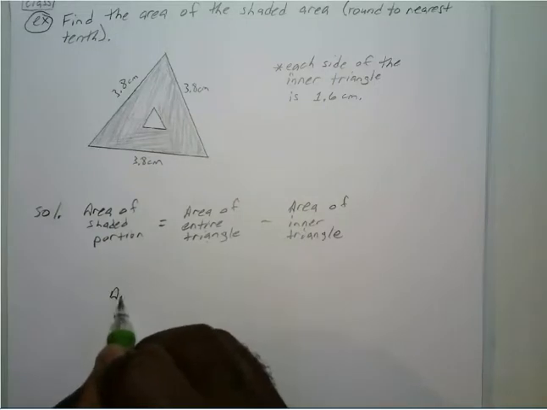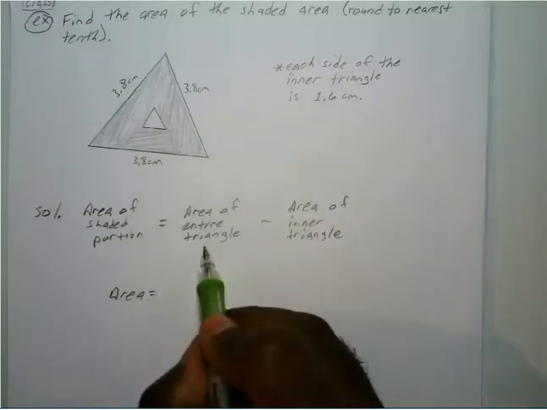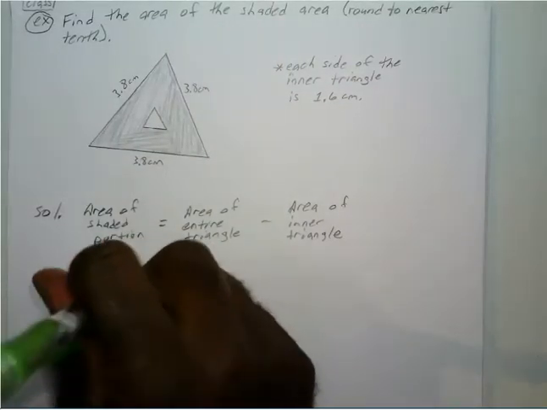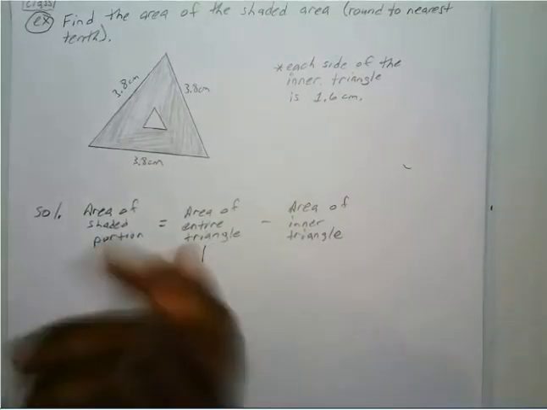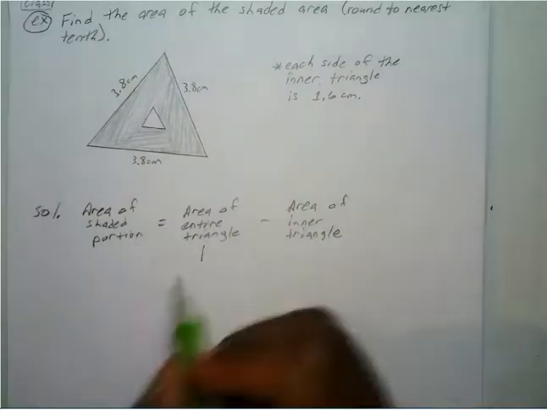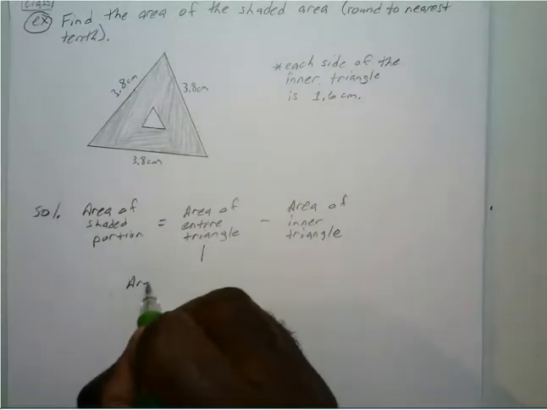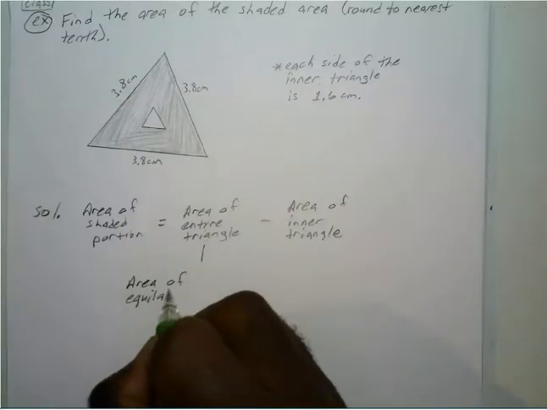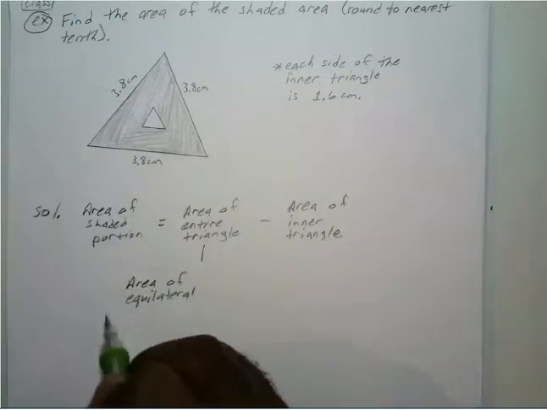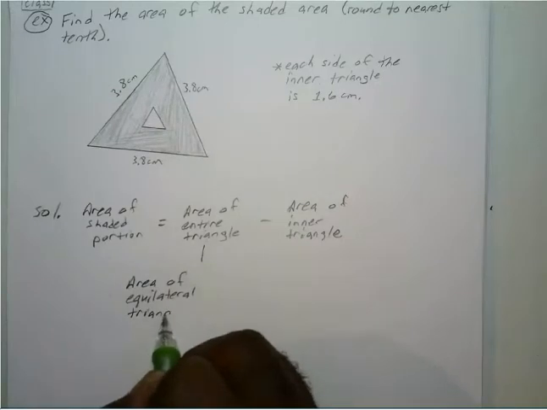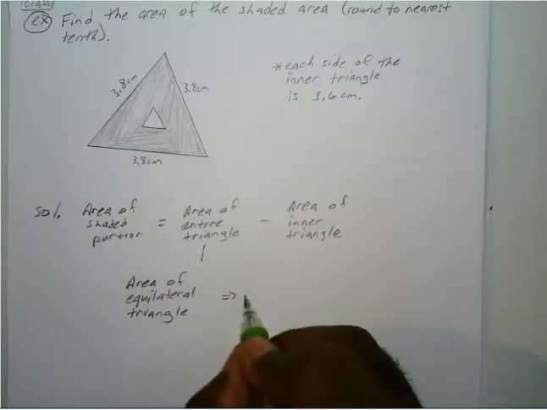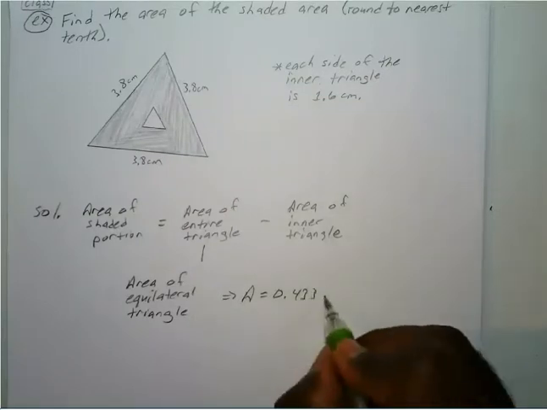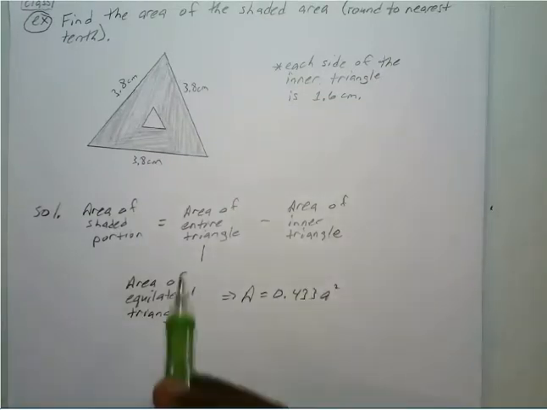Actually, let me write the formula first before I get going. Area of equilateral triangle. Okay, so remember that the area is equal to 0.433 times a squared.